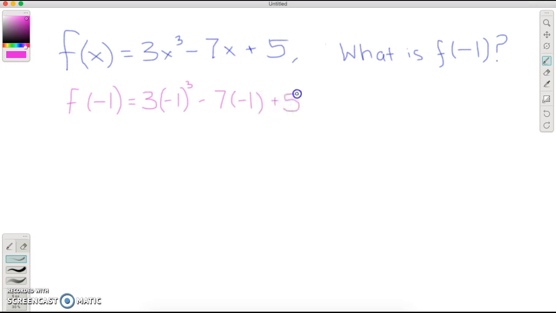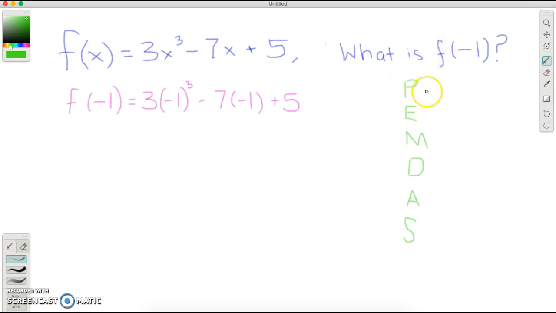So before we start solving this equation, I do think it's important to review the order in which we would solve it. What we have for that is an acronym called PEMDAS, P-E-M-D-A-S.